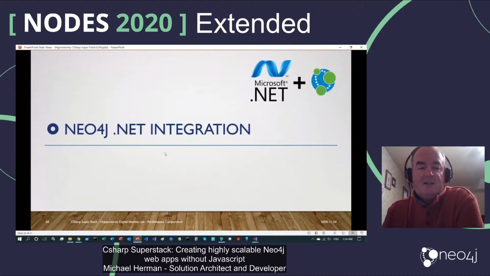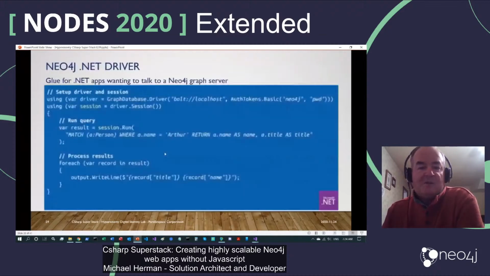So when we look at how that's integrated into .NET, some of the work that Chris has done, here's a very simple hello world type example that shows how you use the driver. You connect over the Neo4j Bolt protocol. You provide an authentication token. You get a session off of that driver instance.